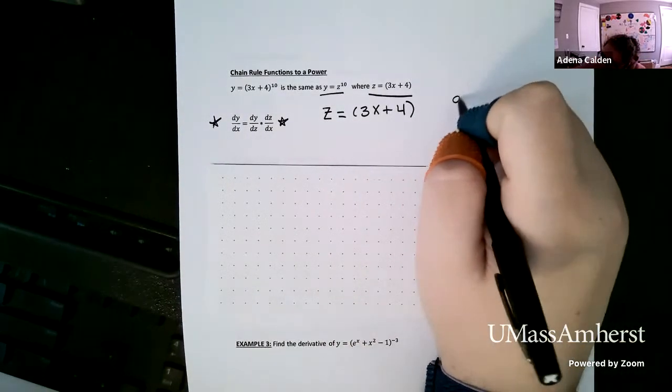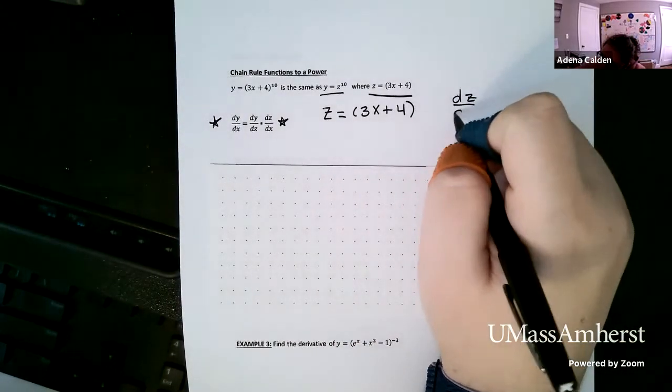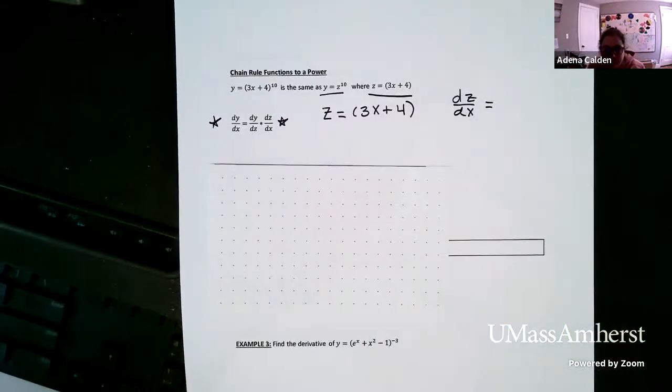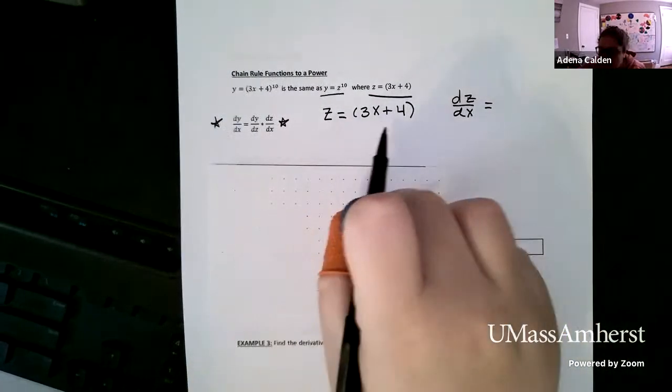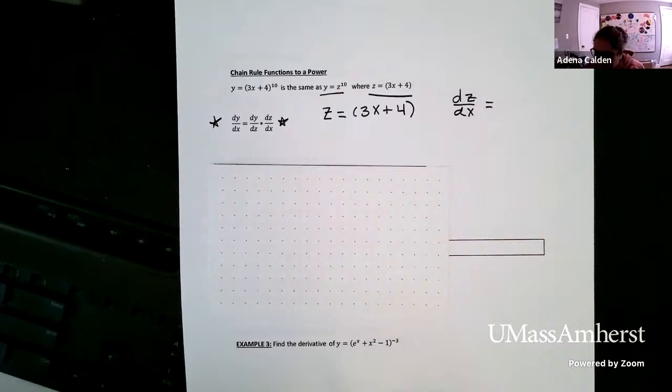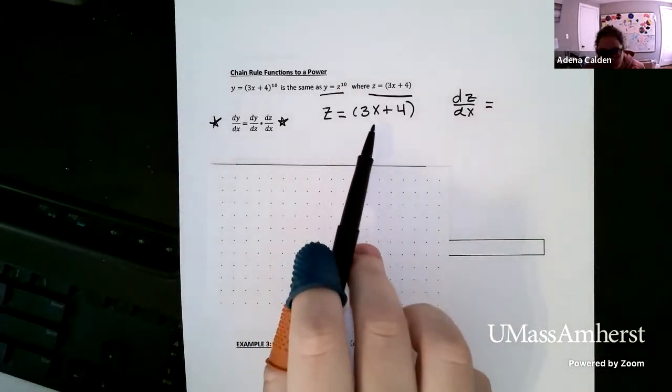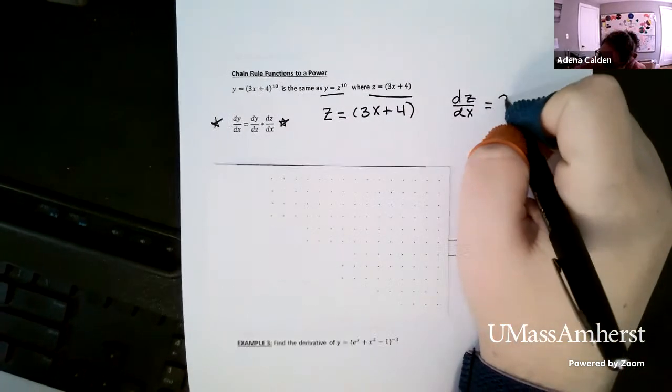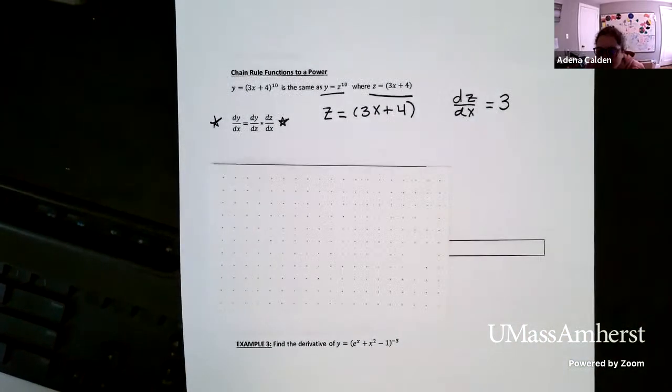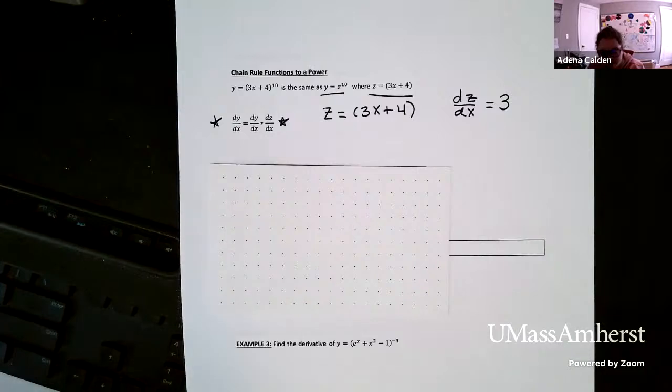So when we take the derivative, we go term by term. The derivative of 3x is 3, that's a linear term. The derivative of 4 is 0 because it's a constant by itself.